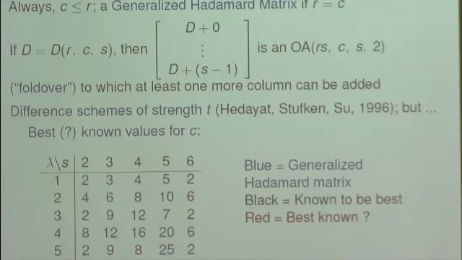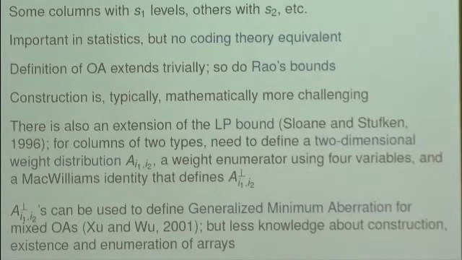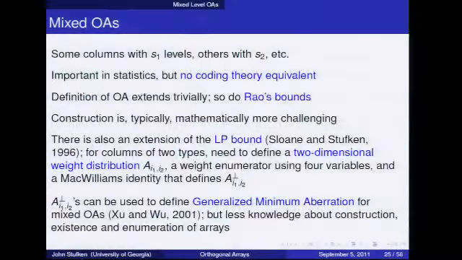There's quite a few things that we don't know about these different schemes. Mixed level orthogonal arrays. There are many open problems for mixed level orthogonal arrays. So a mixed level orthogonal array is exactly the same thing as an orthogonal array, except now if you take different columns, you might have a different number of symbols for each of the columns. So it's no longer restricted to having S symbols for each column, but you may have S1 symbols for the first column and S2 symbols for the second.